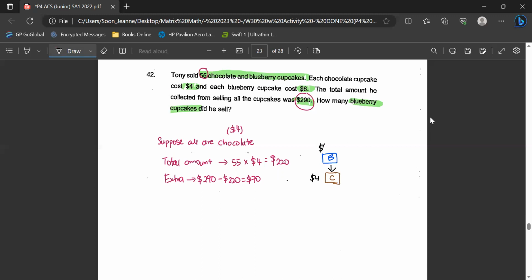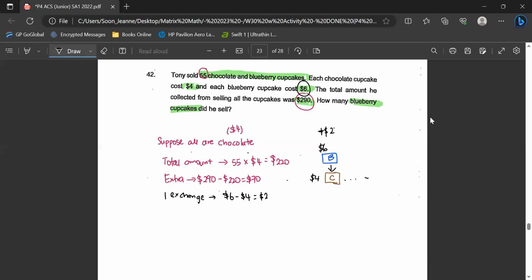A blue is $6. Can you see? So that means over here I'm exchanging a smaller group for a bigger group of item. So that means one exchange, there will be a difference. So $6 minus $4. There will be a difference of $2. So that means this is actually an additional of $2. Okay, because the blueberry costs $2 more than the chocolate one.